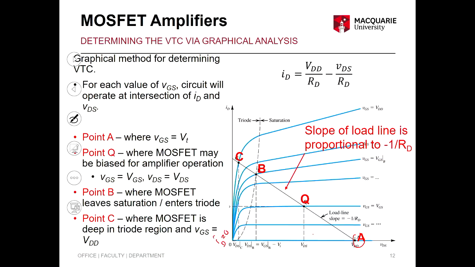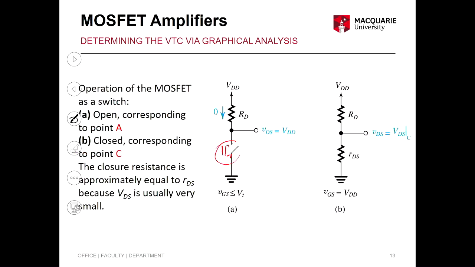It's like opening a switch. If we can bias it so that ID equals 0, that means your VGS is smaller than VTH. It is an open circuit, so it acts as a switch.